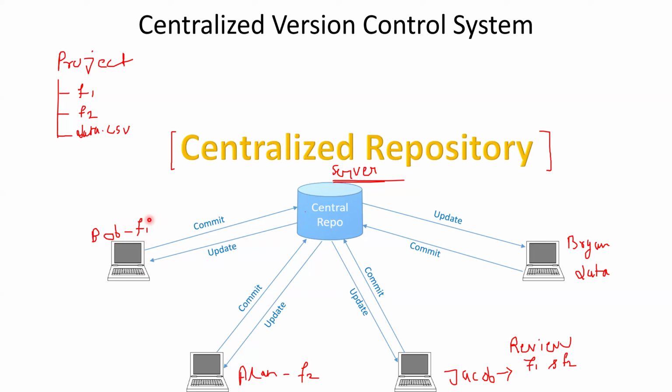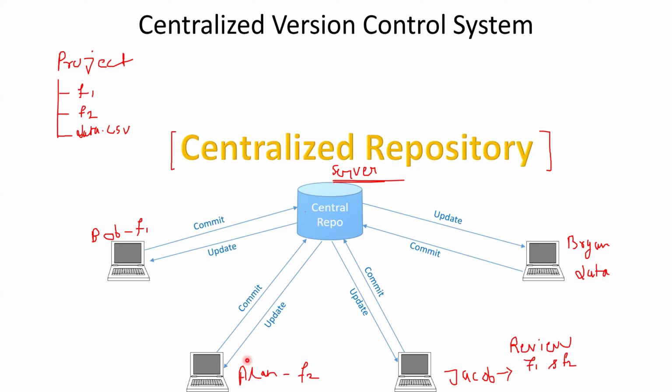He makes some changes to it, and then he commits. Commit means he is pushing the file back to the server. Then Alan takes the file F2, updates it, and pushes it from his local machine back to the repo.